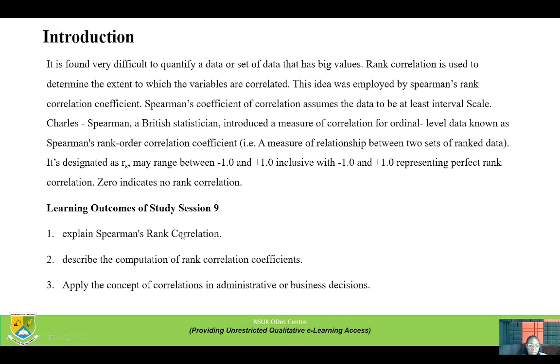At the end of this lecture, you are expected to be able to explain the Spearman's rank correlation, describe the computation of rank correlation coefficient, and apply the concept of correlation in administrative decisions.